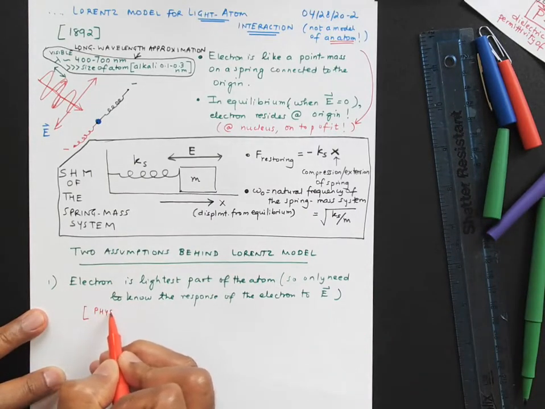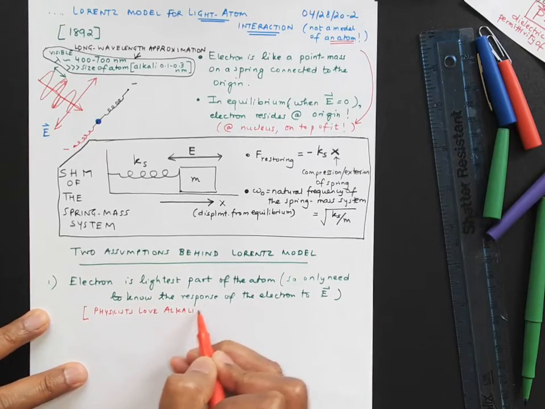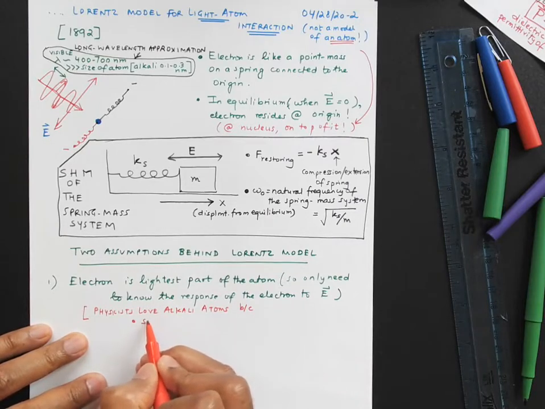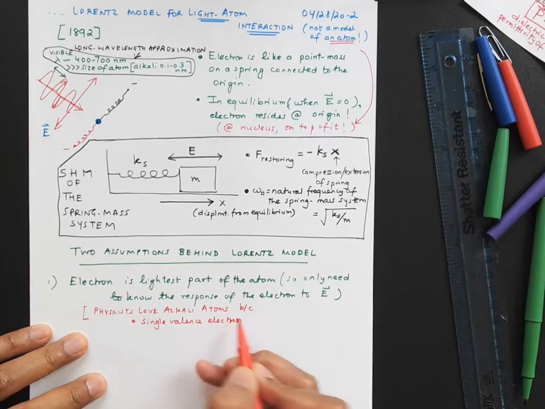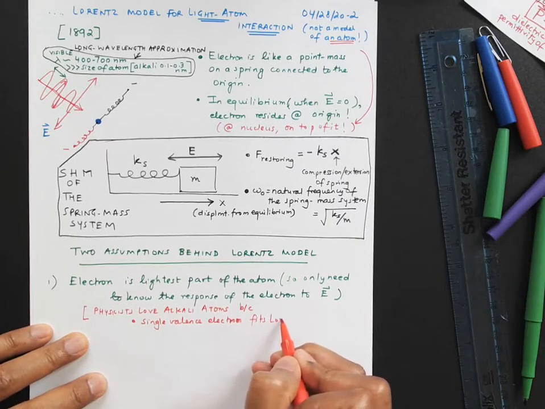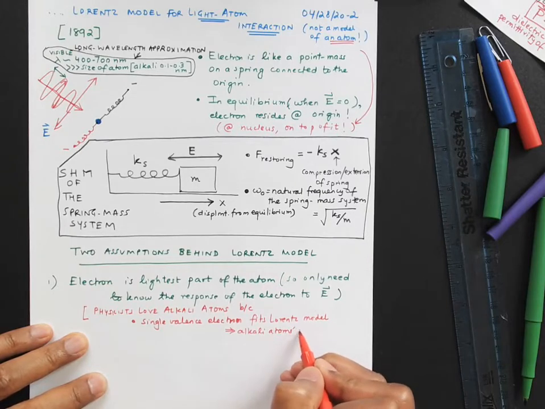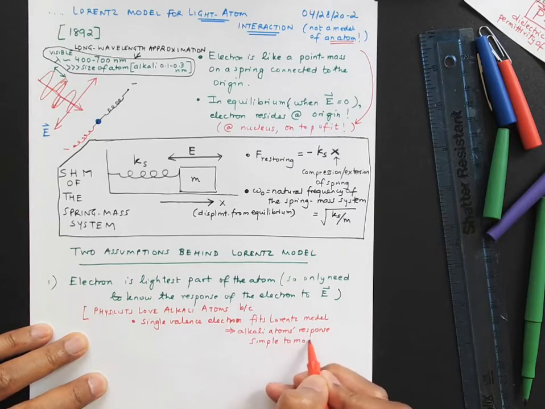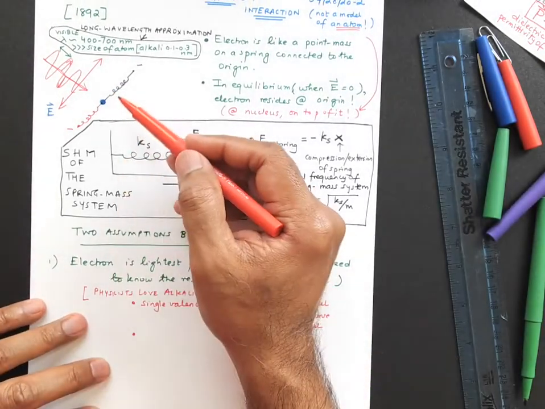That physicists love alkali atoms because the single valence electron fits the Lorentz model, which implies that alkali atoms' response is simple to model.